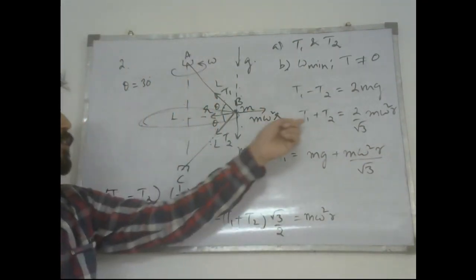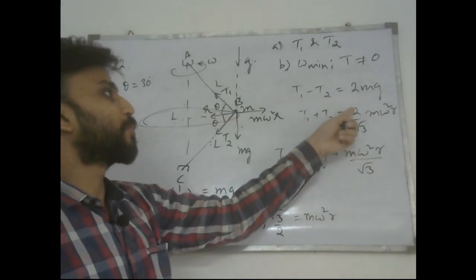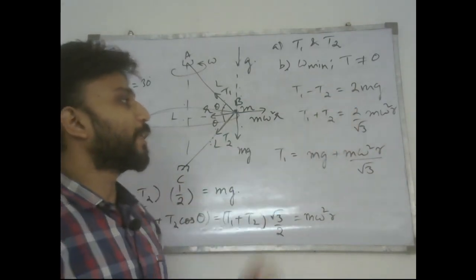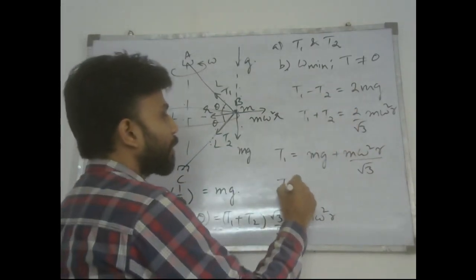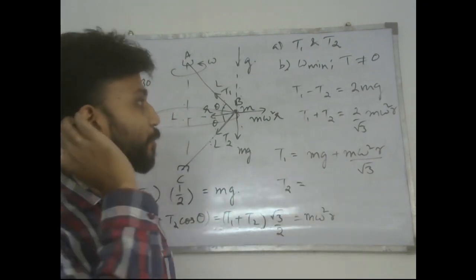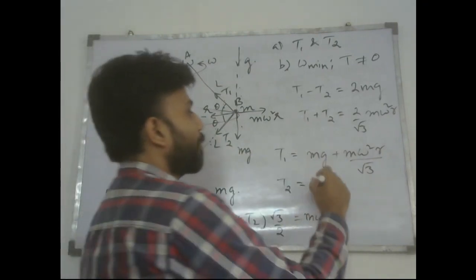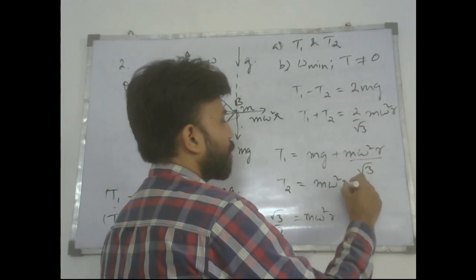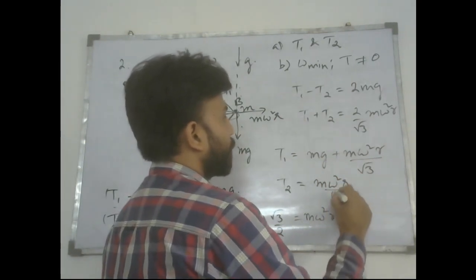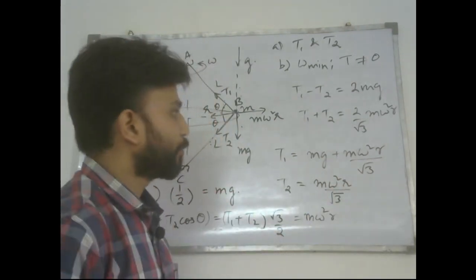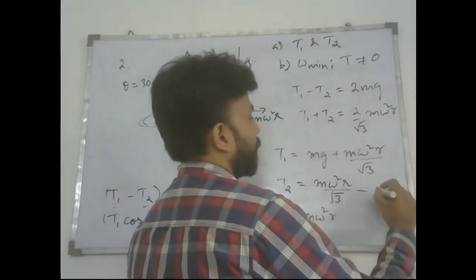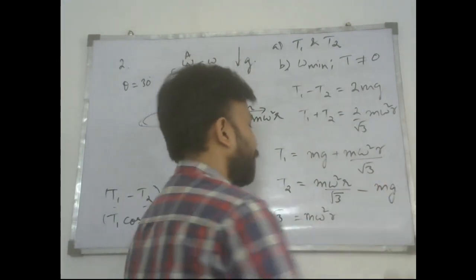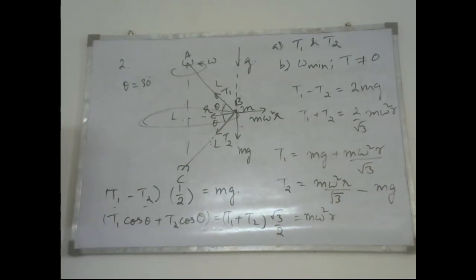Adding would cancel out T2, and the 2 would also get cancelled. In the same way, we can write T2. T2 would be m omega square r by root 3 minus mg. So this would be the value of T2.